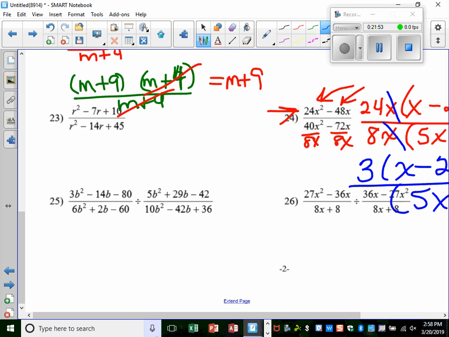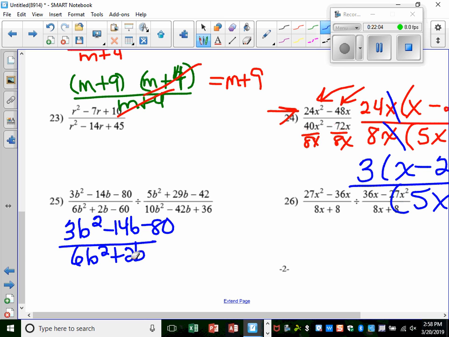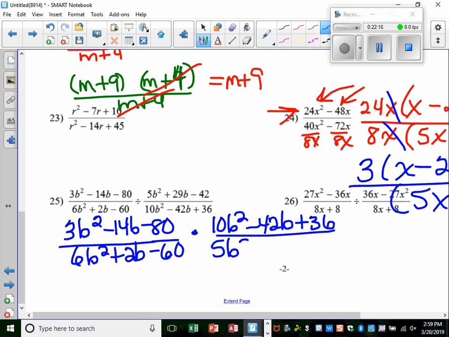All right, first thing I'm going to do is just rewrite this so it's in multiplication form. So I'm going to put times and then put the 10b squared minus 42b plus 36 at the top, and bring the other part down here.